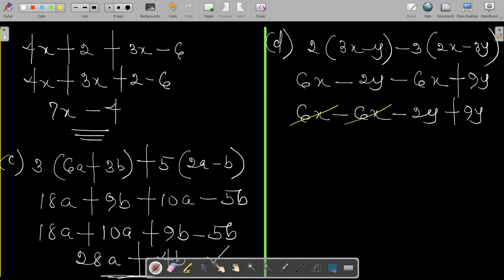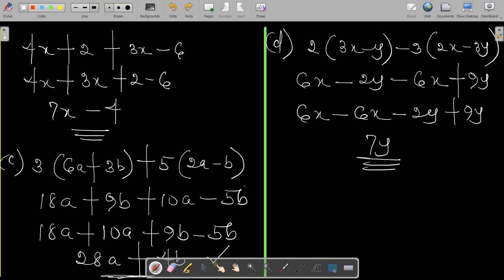Negative 2y plus 9y, we have it to be 7y. So actually that is the answer to that question.